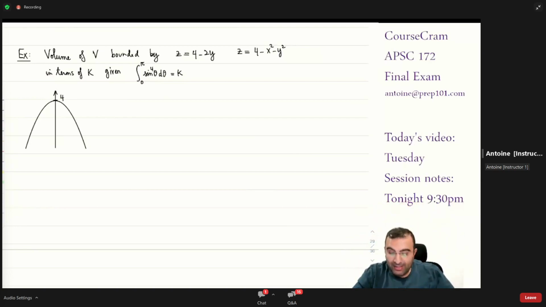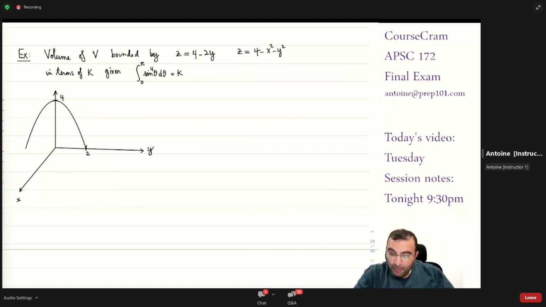Now, what if z is equal to 4 minus 2y? So if this is the y-axis, and this is the x-axis, z equals 4 minus x squared minus y squared will go through y equals 2 here. When it touches the xy plane, when z is equal to 0, x squared plus y squared is equal to 4, so it's going to touch 2.